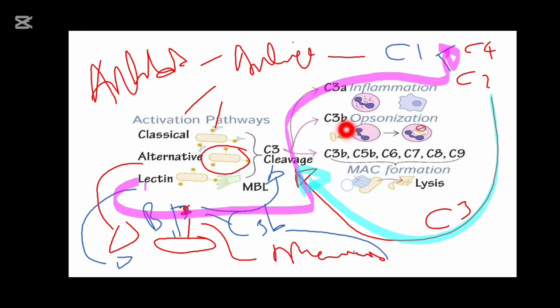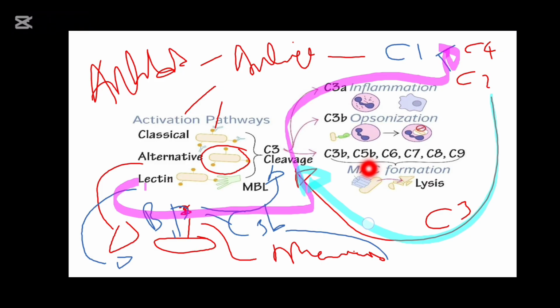Then C3b, which is important for opsonization, meaning the bacteria are given a marker so that the neutrophils can come and destroy that particular surface. Okay? And then C3 is also going to be cleaved into C3b and C5b.